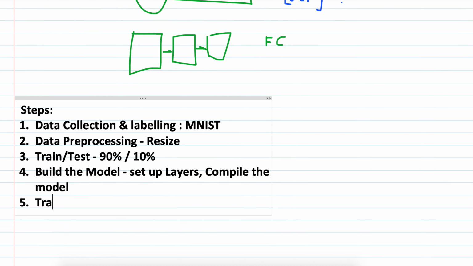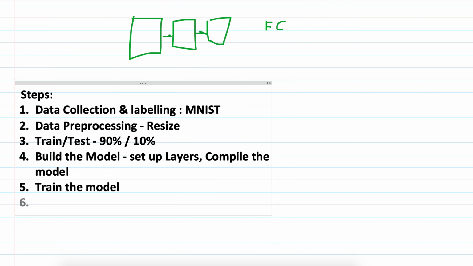Then we will train the model. Once we have decided on the model, we have built our model, we will train the model with the given data and the given labels. And then the next phase is evaluation. So we will evaluate how our training is doing. How was our training?